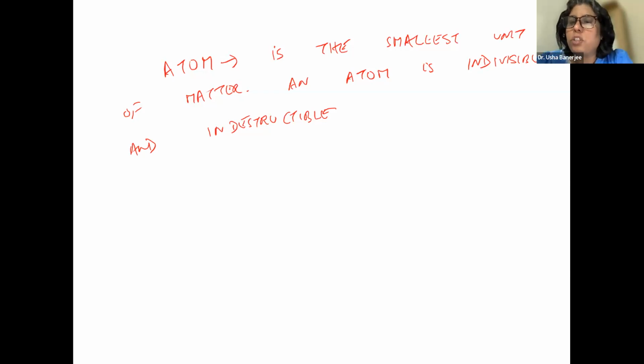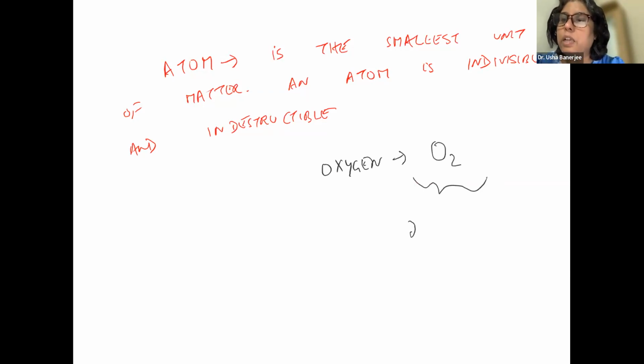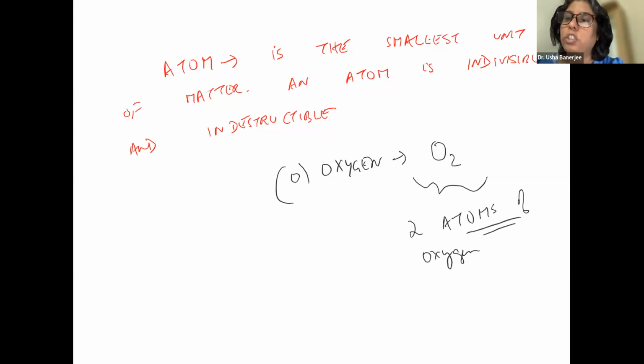Now, we breathe oxygen gas, right? So oxygen gas, I think all of you know, is written as O2. What is the meaning of O2? What is this 2? So O2 is nothing but 2 atoms of oxygen, and O is the chemical symbol of oxygen. So 2 atoms of oxygen, and they exist like this in the natural state.